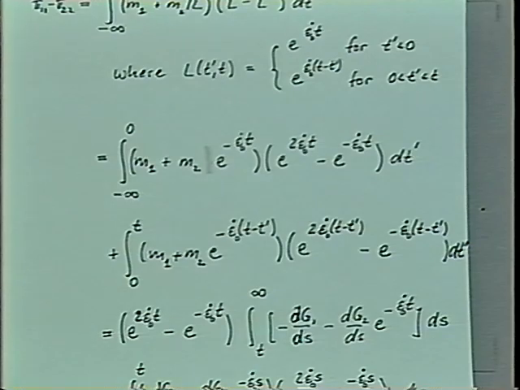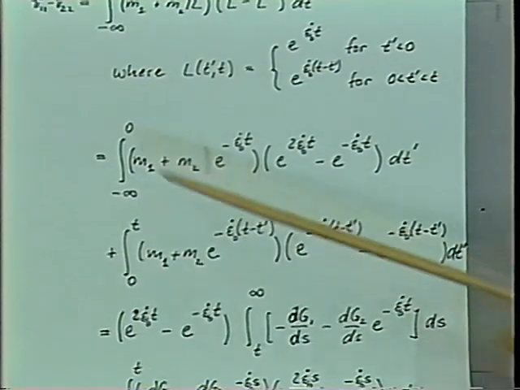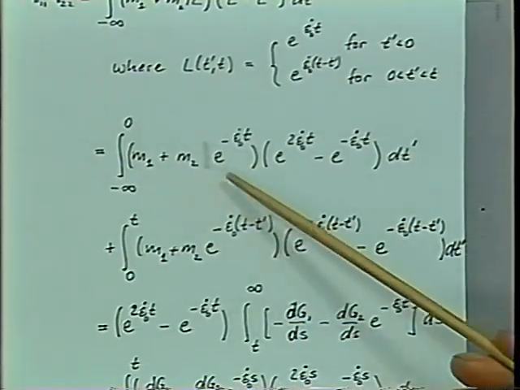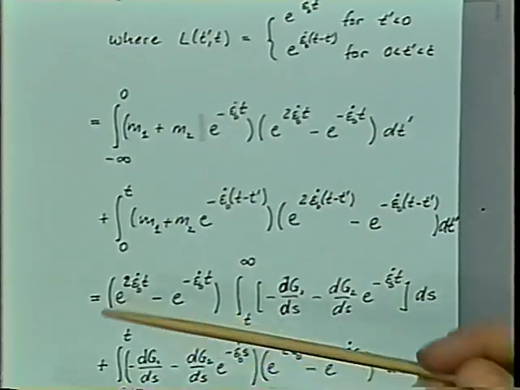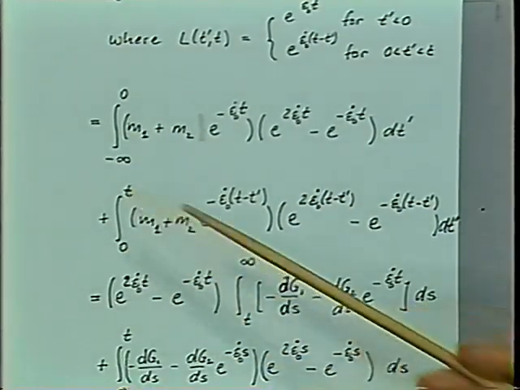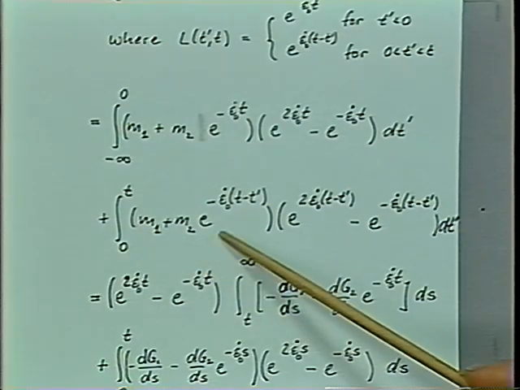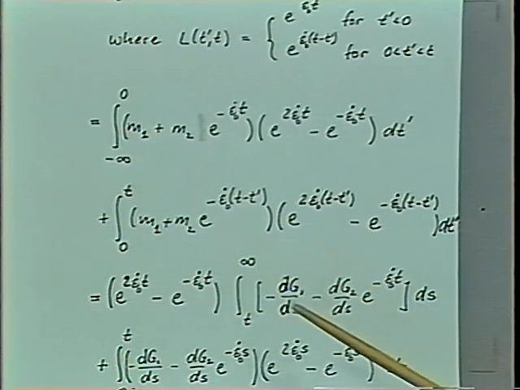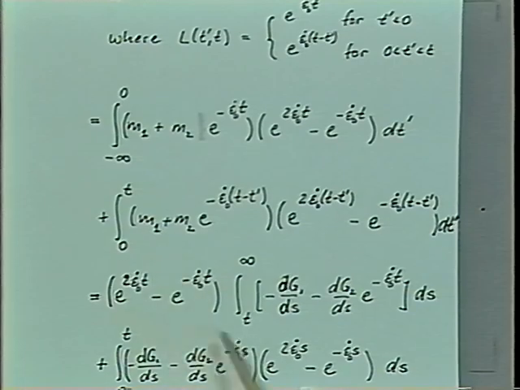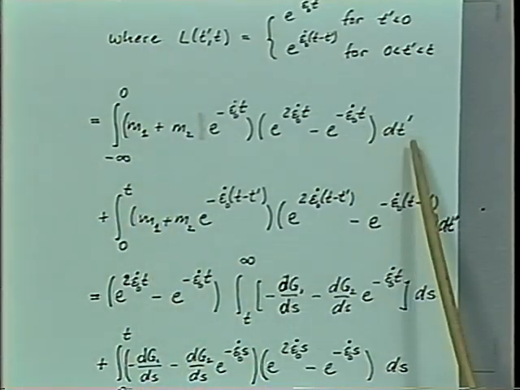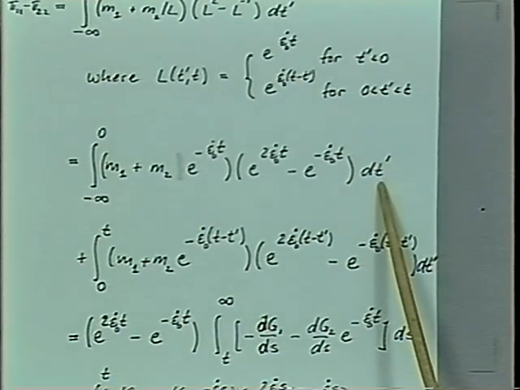We have the first integral from minus infinity to 0, having the Finger strain and the Cauchy strain contribution, and a second integral from 0 to t, and again having the Finger strain and the Cauchy strain contribution. The first part can be integrated. Here, this is an integration over t prime.